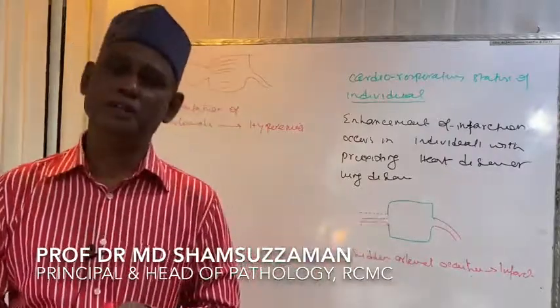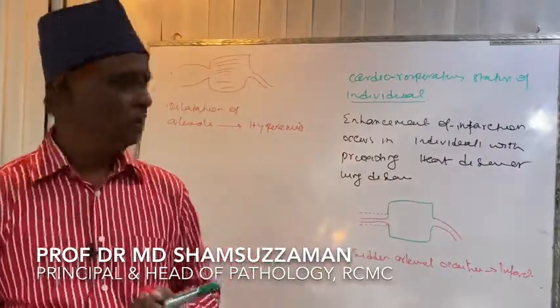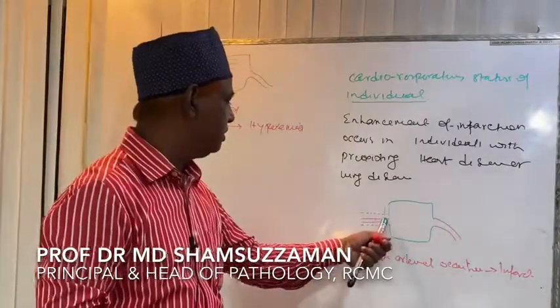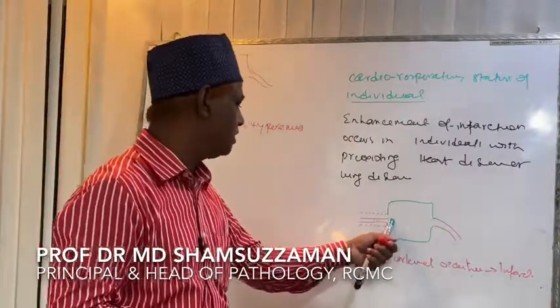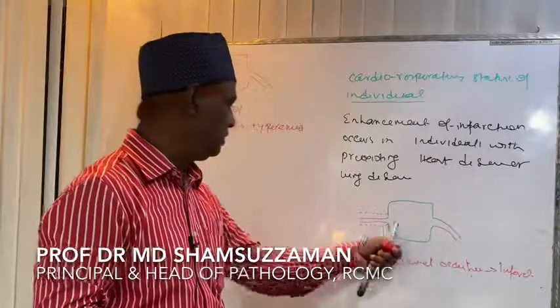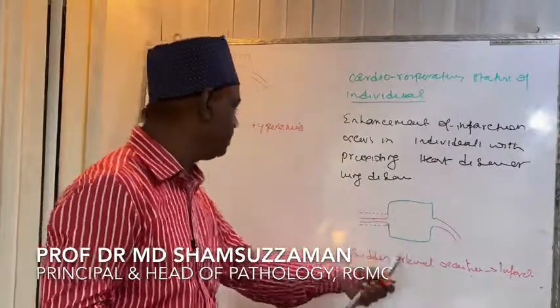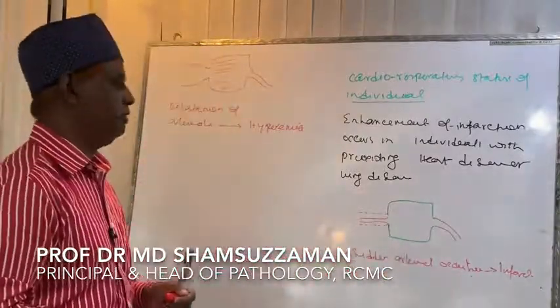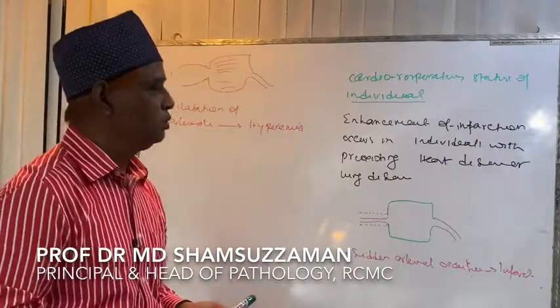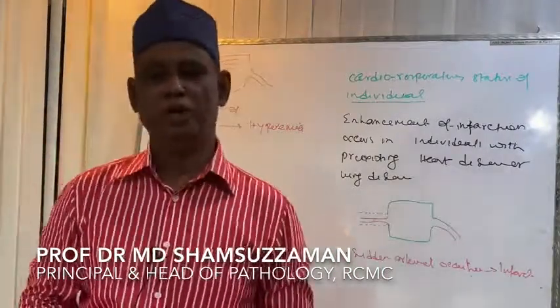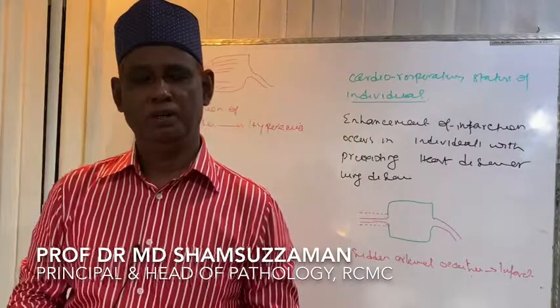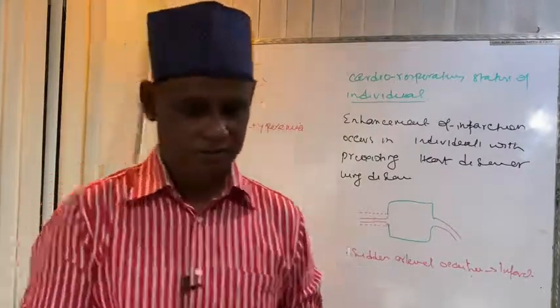If the arteriole becomes narrow and remains narrow, what will happen? There will be diminished blood flow in the tissue for a long time, and due to this there is chance of development of atrophy.